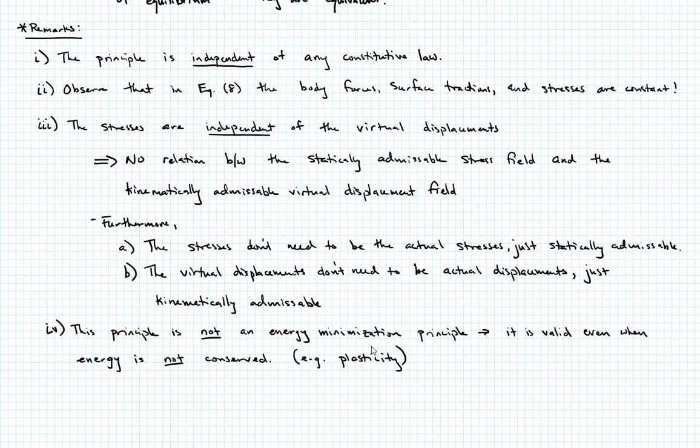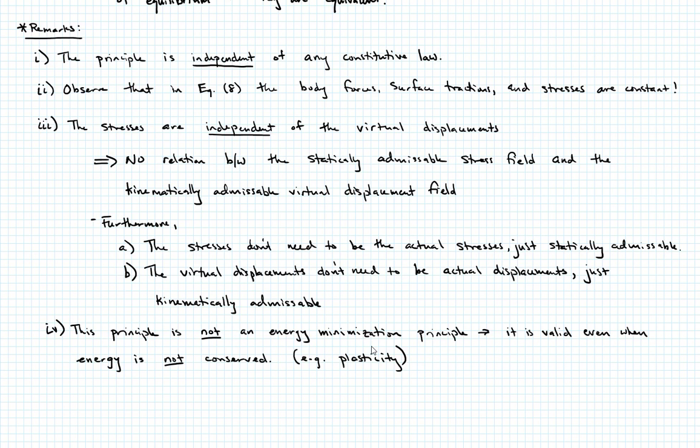So I guess one thing that's worth noting is I think sometimes you spend so much time in discussing these definitions, it's not obvious what's the point. A couple things are worth noting here. One is that we're going to show in subsequent lectures that at least for elastic materials, and we're going to focus on linear elastic materials, this principle does turn into an energy minimization principle.